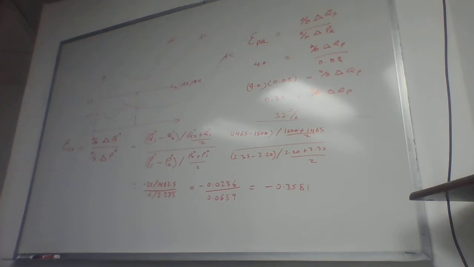Marginal profit is marginal revenue minus marginal cost. So we're looking for the level of production that will maximize profit, so we're looking for our marginal profit, MR minus MC.